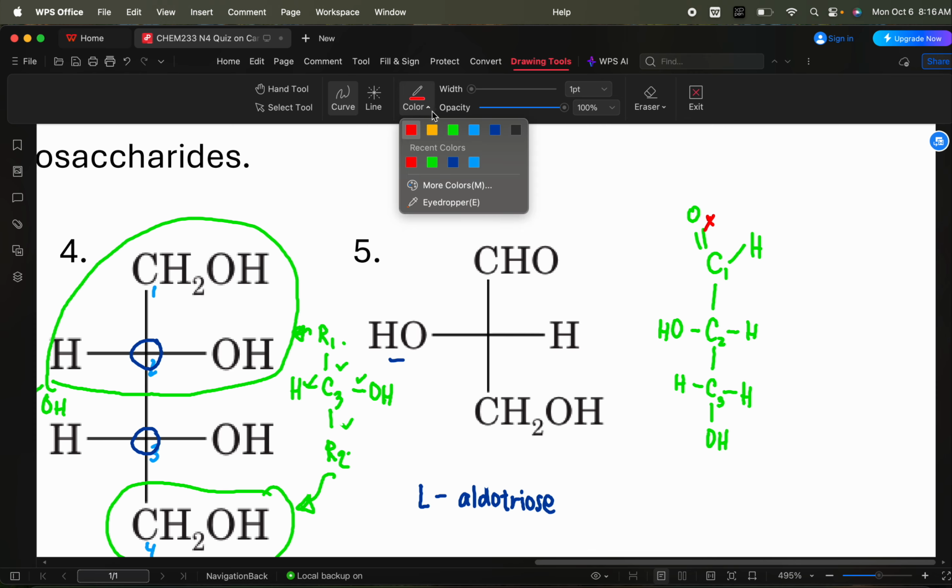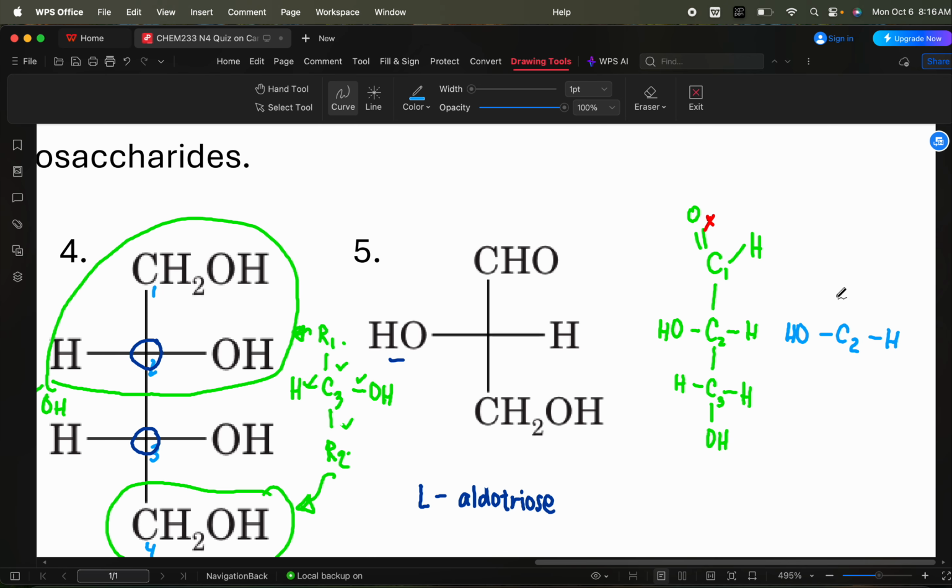For carbon number 2, you can redraw this as C2 bonded with hydroxide, hydrogen, and then your aldehyde group as R1 and the bottom substituent as R2.